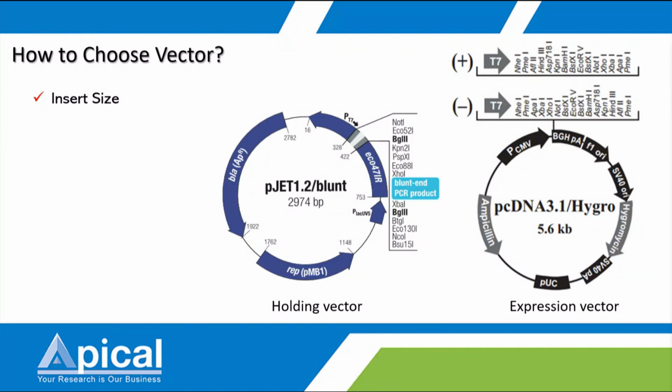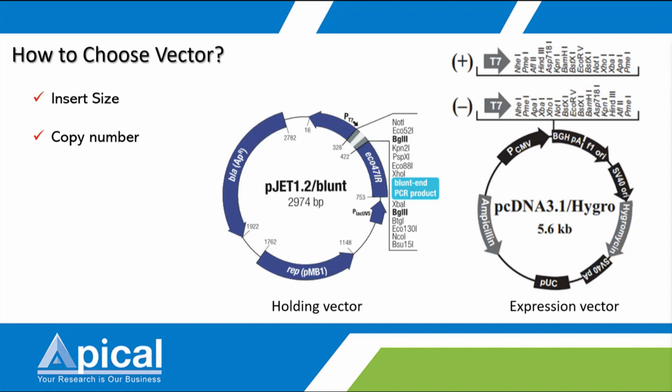And then secondly is the copy number. Copy number actually depends on the replication rate of the vector inside the host. Usually a holding vector will have a higher copy number than the expression vector. Expression vectors are usually a little bit bigger in size, and they will have lower copy number.